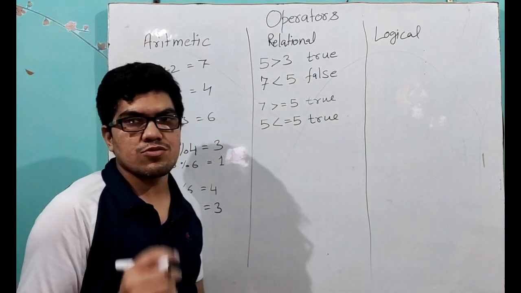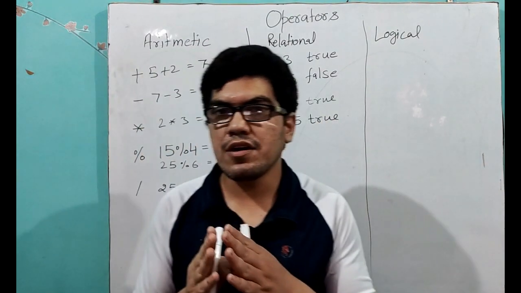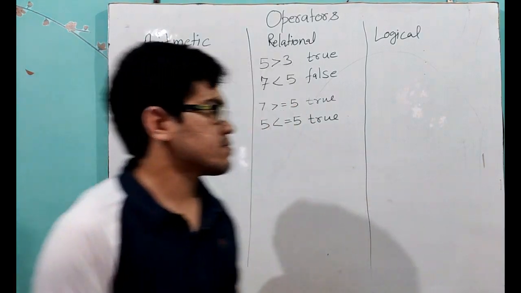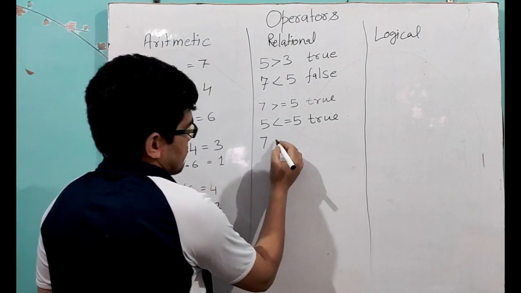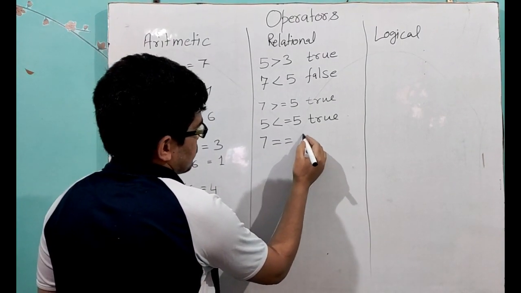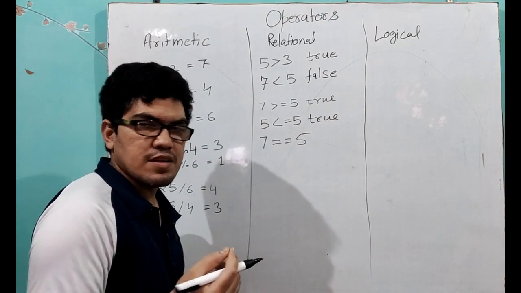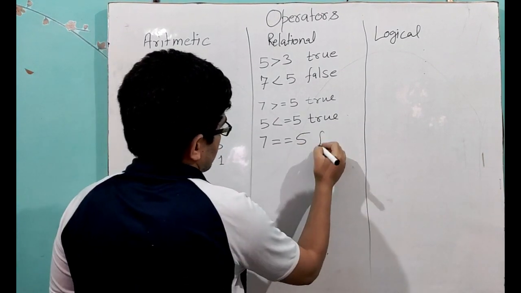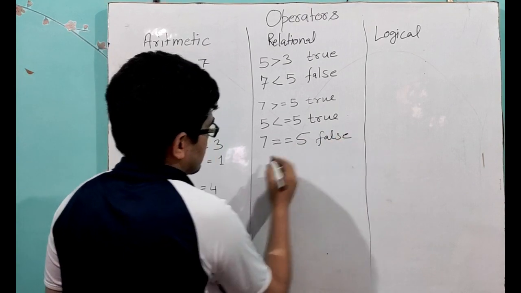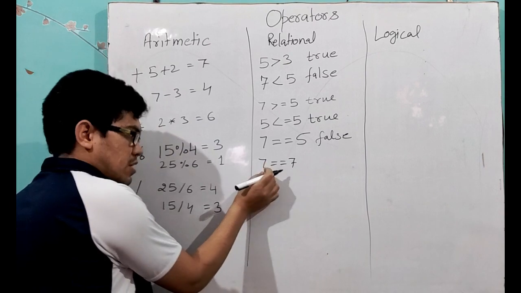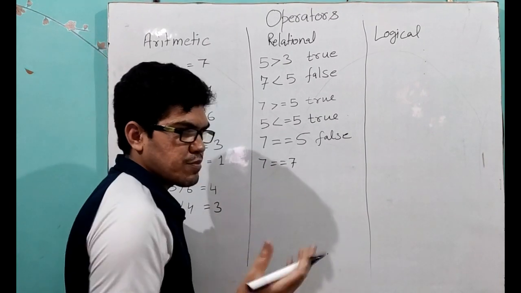Next is equals to. If we want to compare two values, then we will use the equals to operator. 7 is equal to 5. Is the value 7 equal to 5? No. So it gives false. 7 is equal to 7. Yes, both are the same, equal.